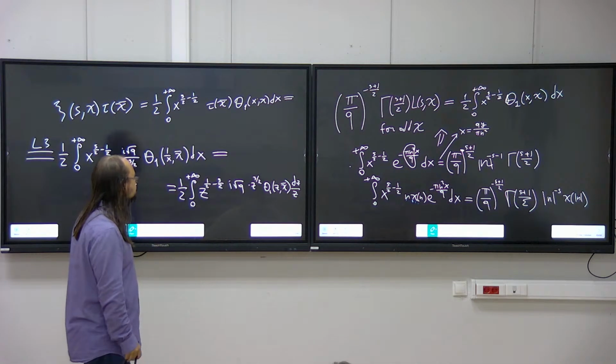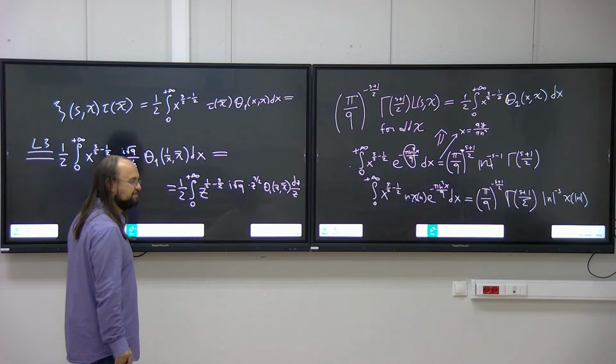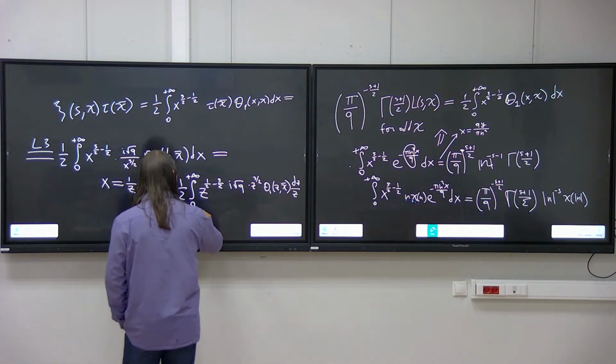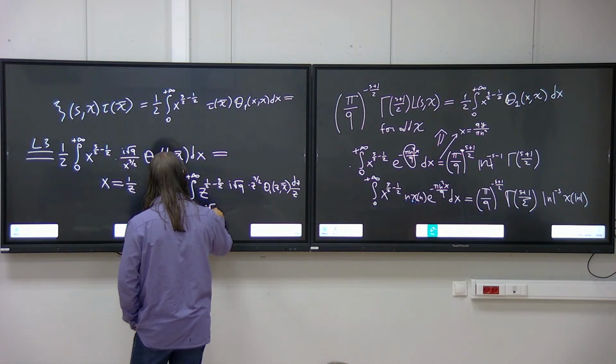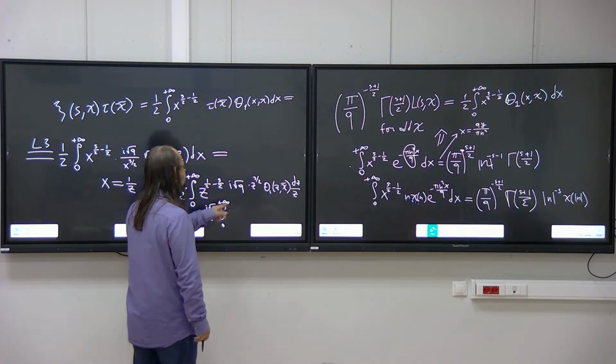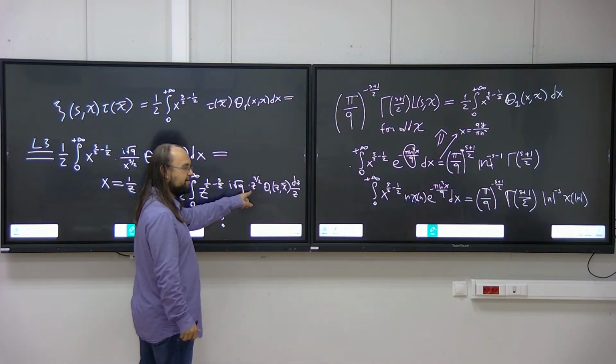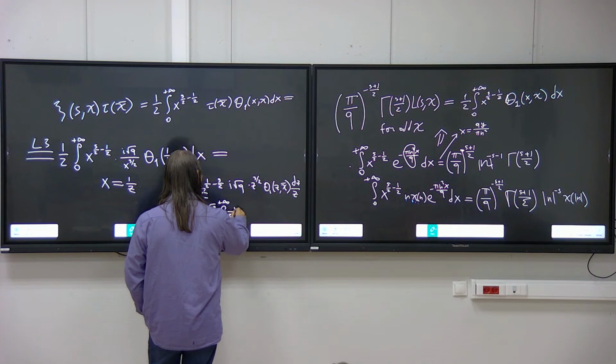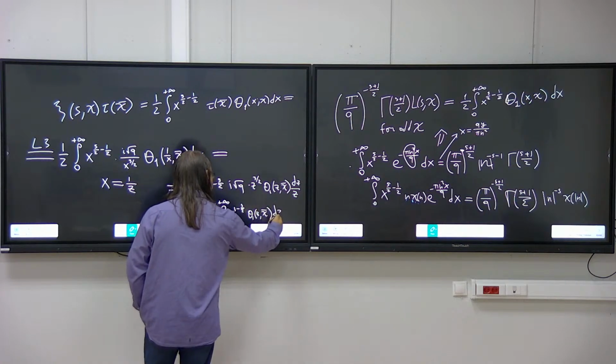This is basically the same integral. So this is equal to i square root of q over 2 integral from 0 to plus infinity, and then you get z to the power 1 minus half of s, theta 1 of z, chi bar, dz.